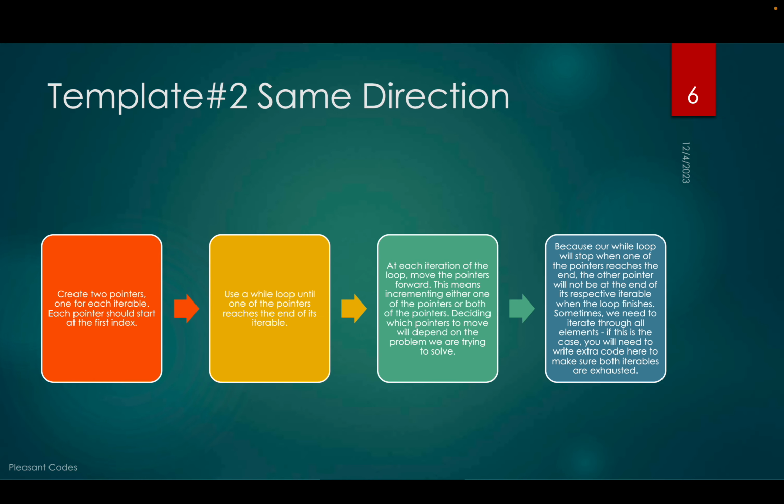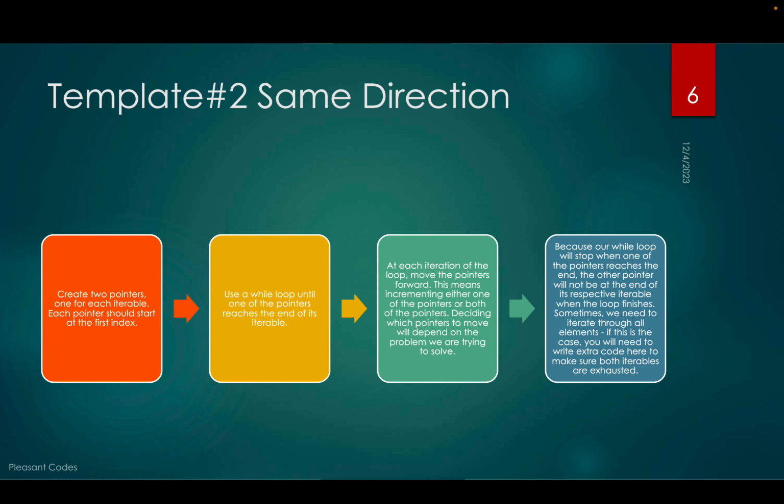The other template we have is using the two pointers in the same direction. In that, we could get more than one input. Let's look into an example. You are given two sorted arrays, and you have to merge them and create a new array, right?